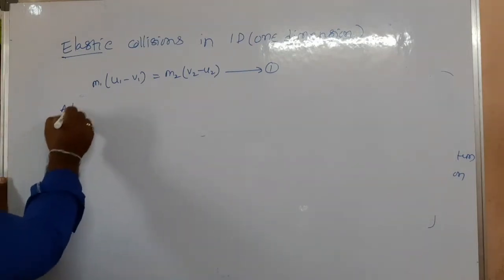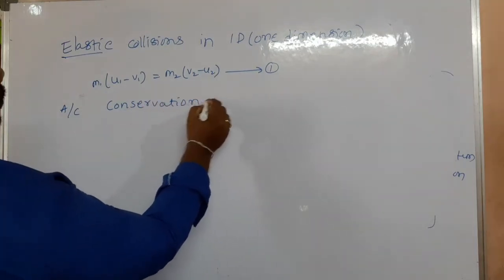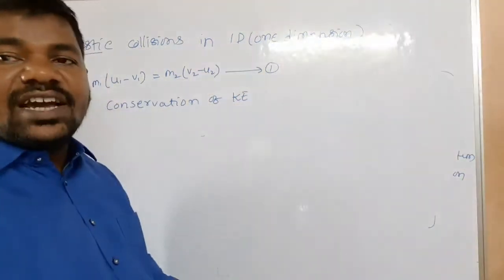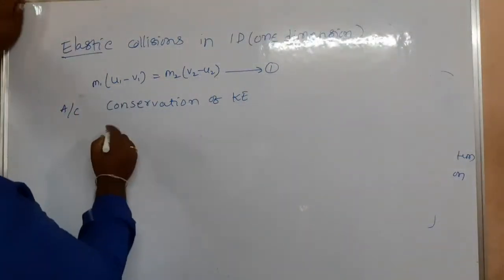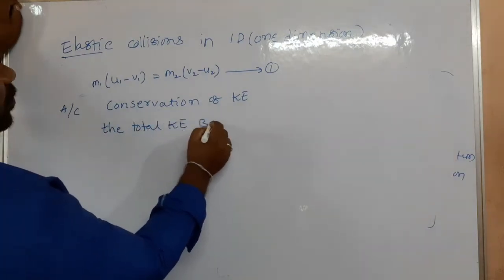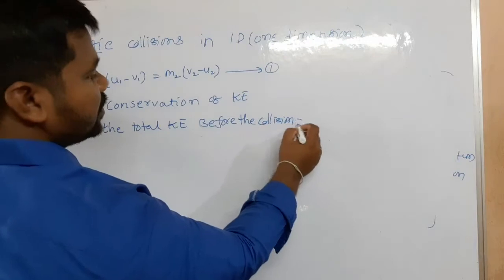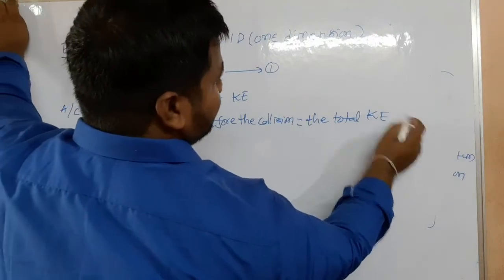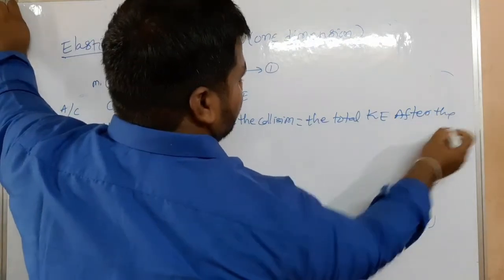Next, according to conservation of kinetic energy, the total kinetic energy before the collision is equal to the total kinetic energy after the collision.